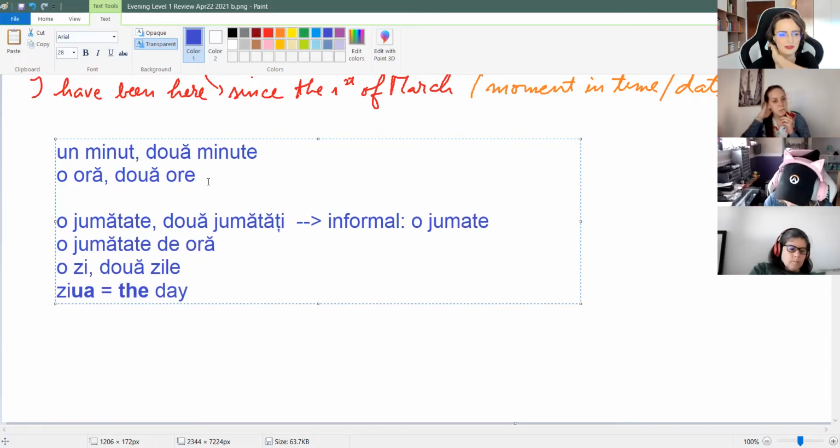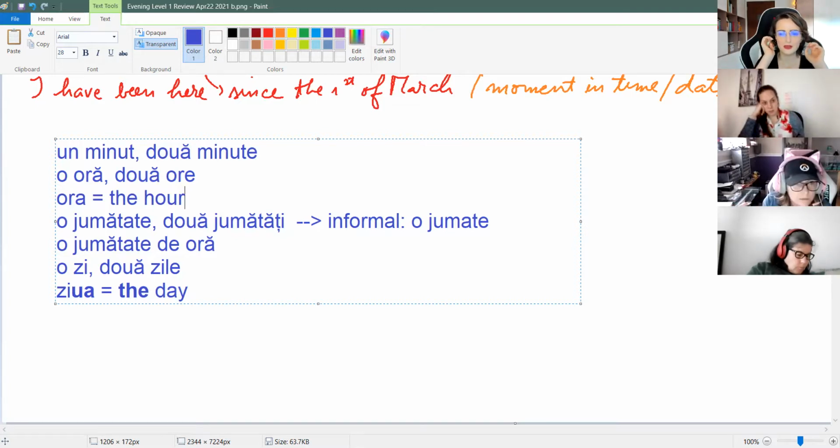How about hour? How would I say the hour? Remember the take the hat off principle? Ora. Yes, ora. Ora, that's the hour. So whenever you have a noun that ends in ă, you notice things.